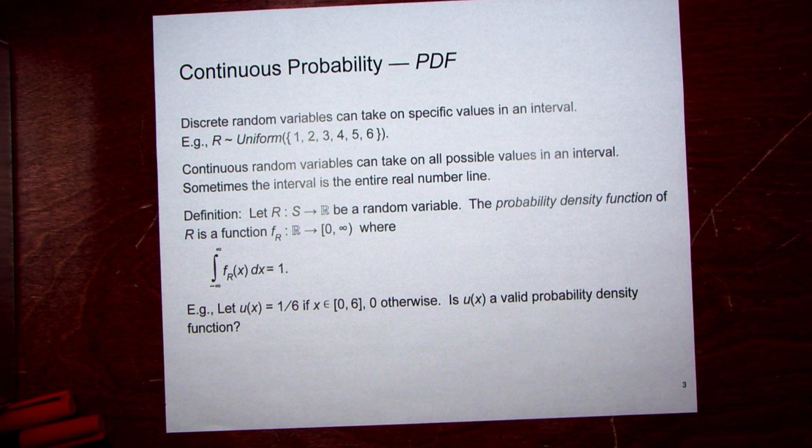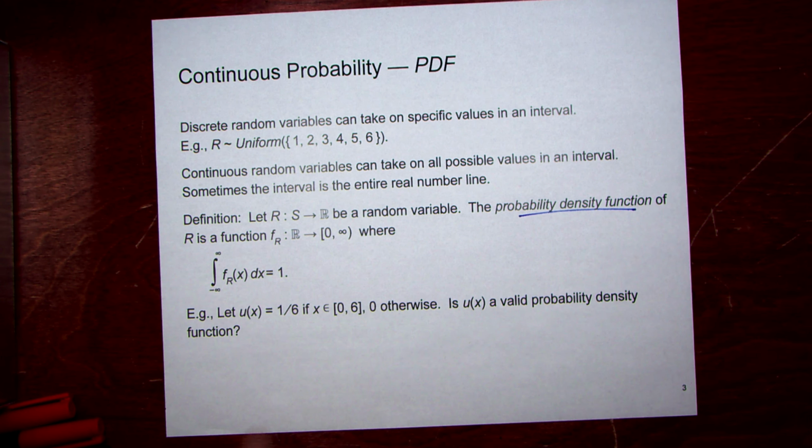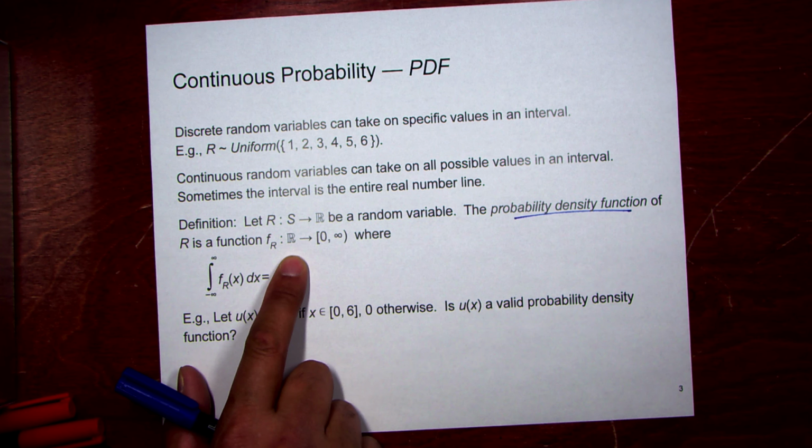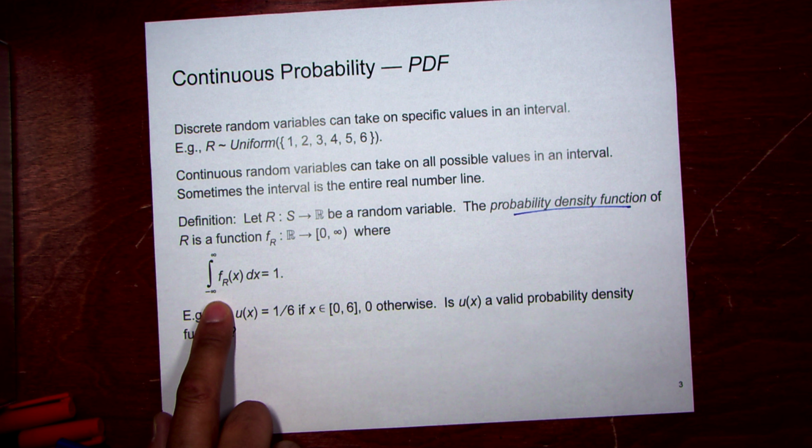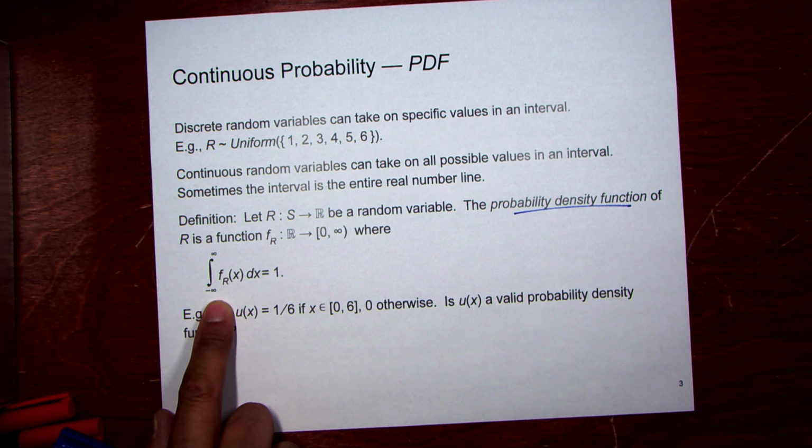The probability density function is a function that maps numbers from plus and minus infinity, everywhere in the real number line, to non-negative values, such that if you sum everything up, and sums here are integrals, you end up getting a total of 1. So just some things that are the same and things that are different.